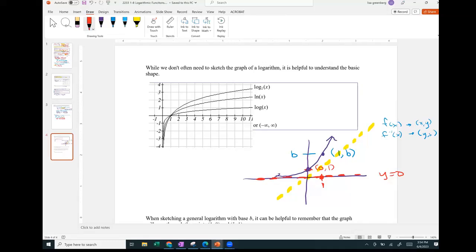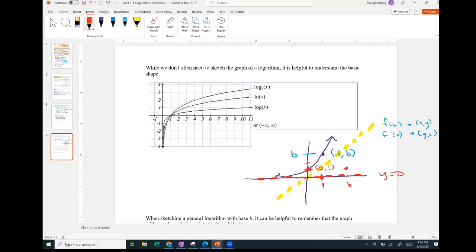If I have a point 1, b on my exponential function, I'm going to have a point b, 1 on my logarithmic function. Okay? X and Y flip.